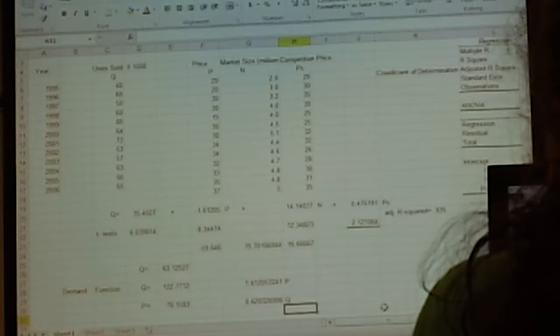So we bring this over to the other side. We have 1.61205324 P is equal to 122.712 minus Q. You follow that? And now we divide both sides by 1.6.